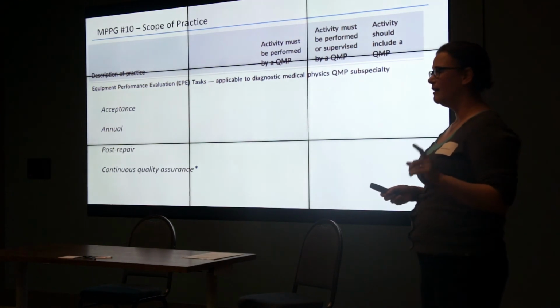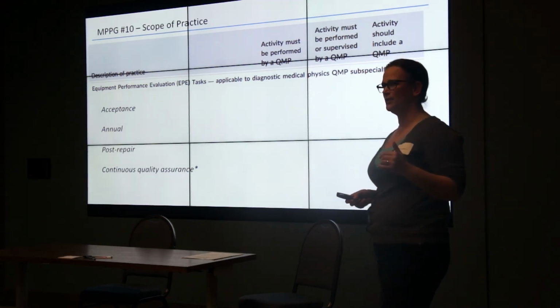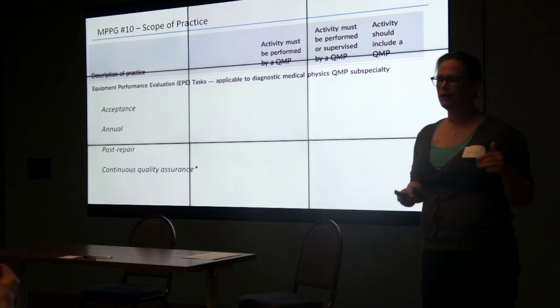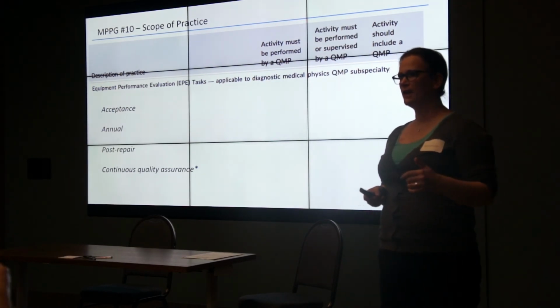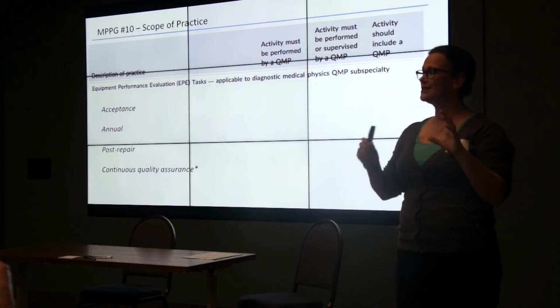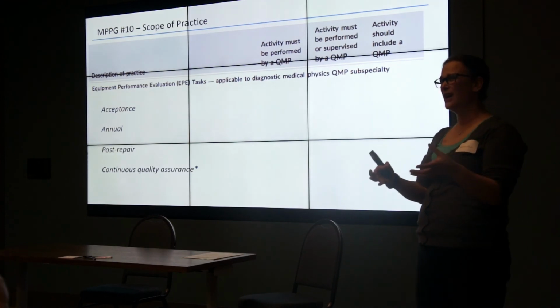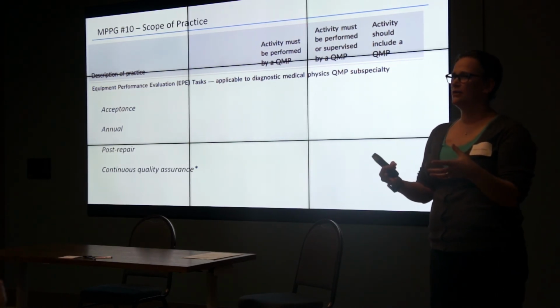And I stand by that, but where a QMP is valuable is that a minimally trained monkey is not going to recognize all the time when there's something wrong. And sometimes it's just having set foot in the clinic, looking at it and saying, you know what, this isn't something that maybe I usually quantify when I do the testing, but it looks off. And that's where I think a lot of the value is.